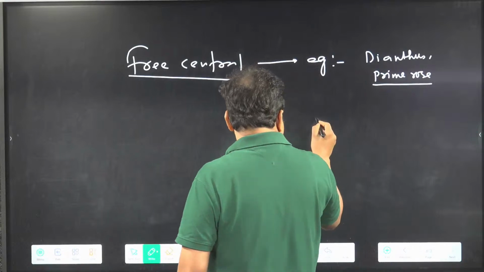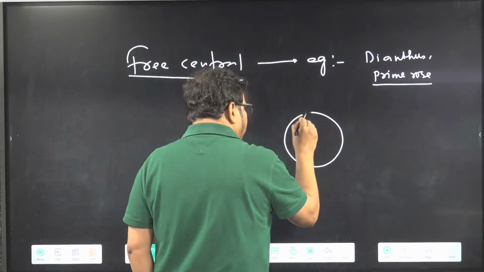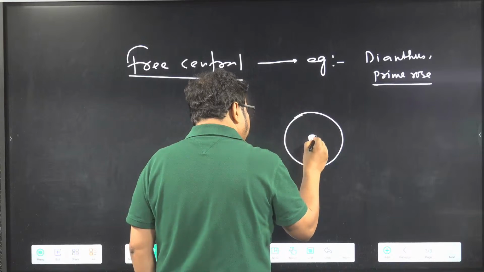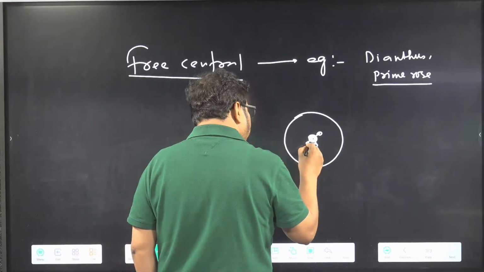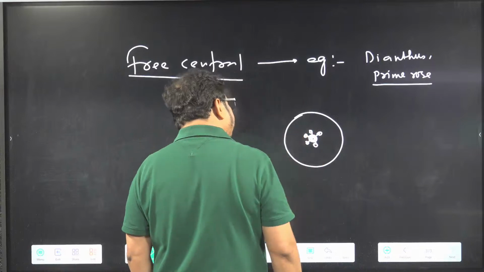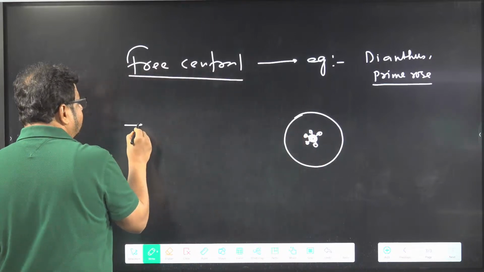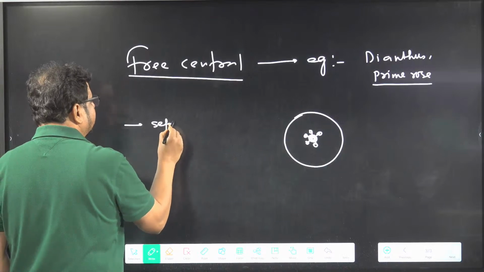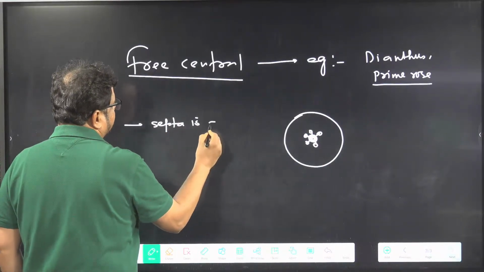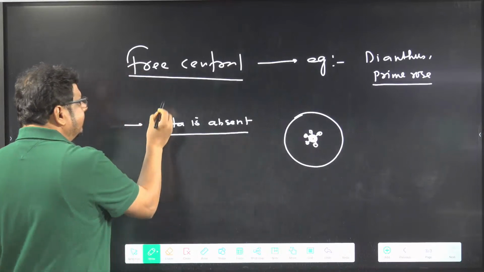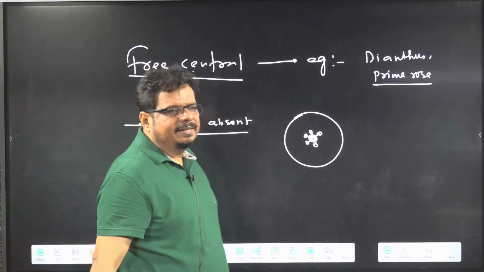How does the diagram appear? Look here. Here it is the central axis. And from here, who is arising? Ovules are arising. So what NCERT wrote in a point: septa is absent. This is the difference between free central and axile.